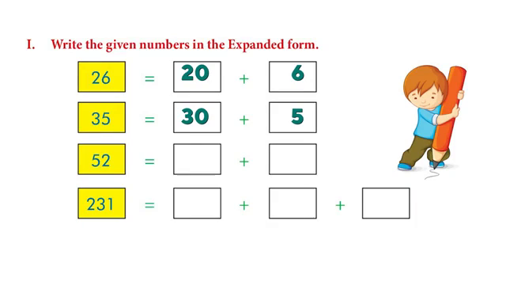Very good. Let's try another one. 52. 50 plus 2 becomes 52. And then 231. How do we write the expanded form for that? 200 plus 30 plus 1 is the expanded form for 231.